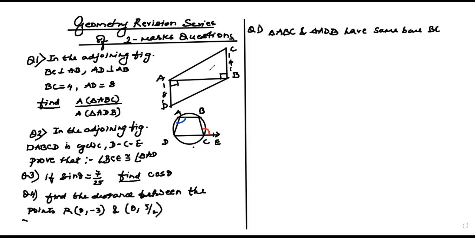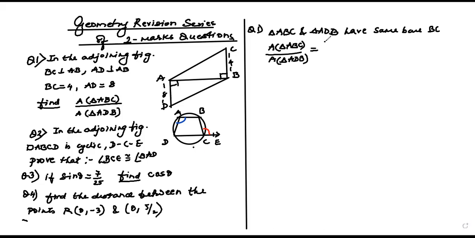That means the ratio of the areas of triangles having equal base is equal to the ratio of the corresponding heights. So area of triangle ABC upon area of triangle ADB is equal to the ratio of the corresponding heights.